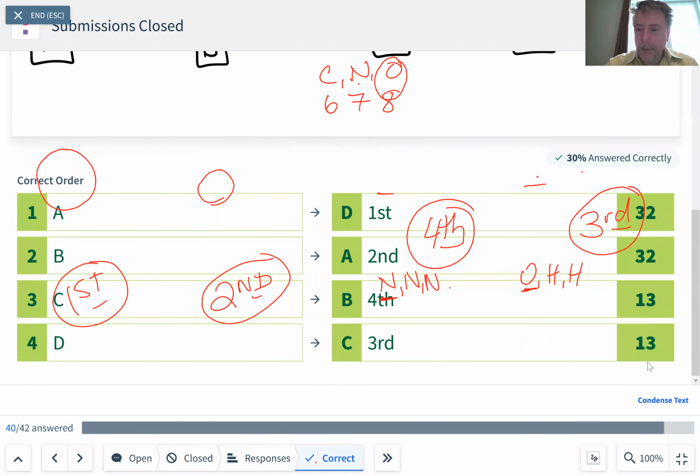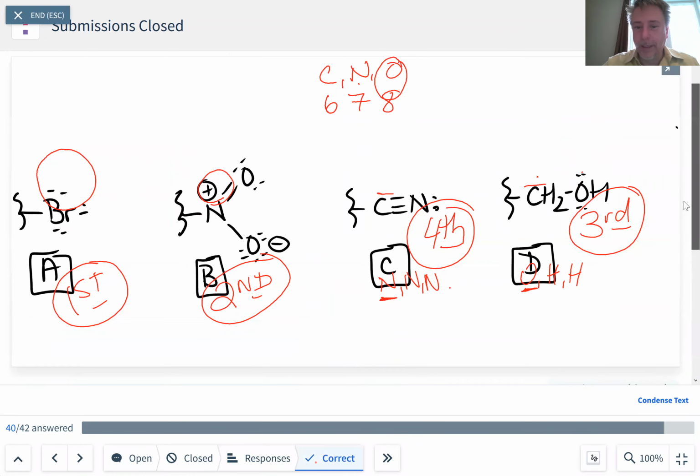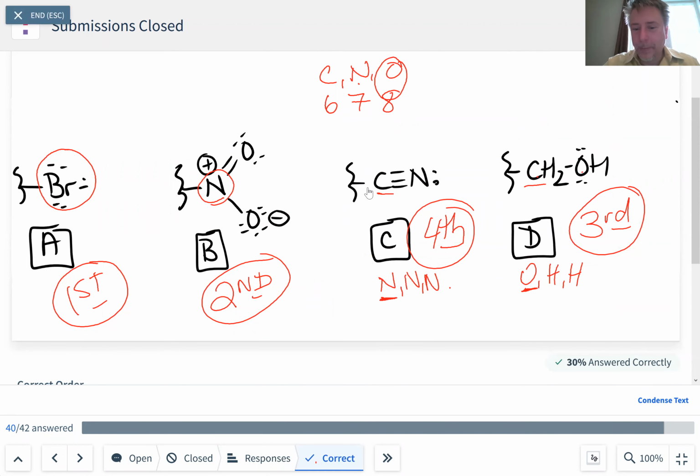Correct. So yeah, the majority of the class got 1 and 2 correct. It was just the last two, which was this part here. And it's because this carbon's bonded to 3 of the same things, mentally, sometimes it's easier to say, oh, this has got to be higher priority.